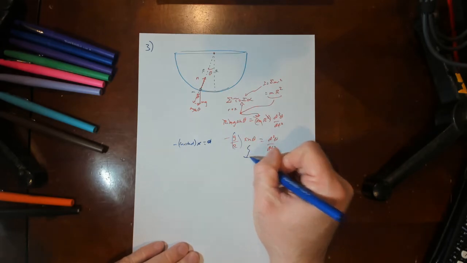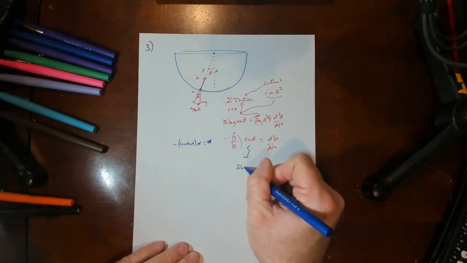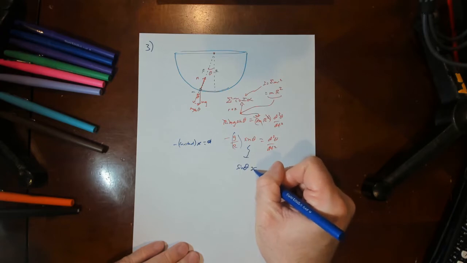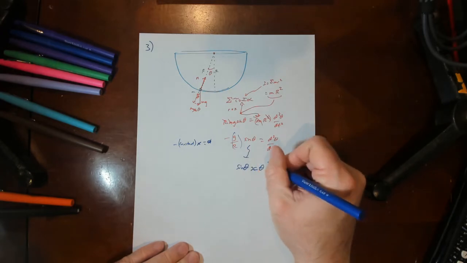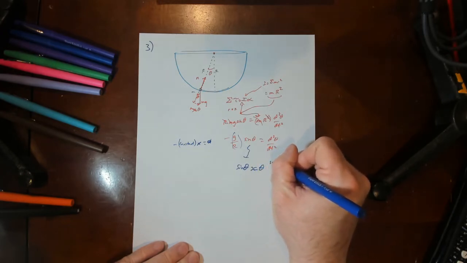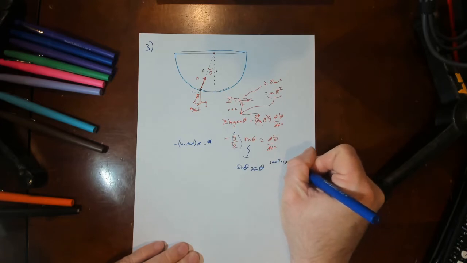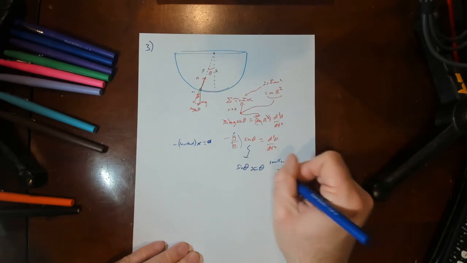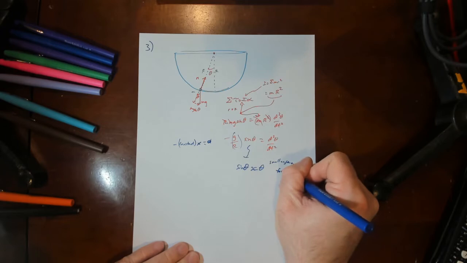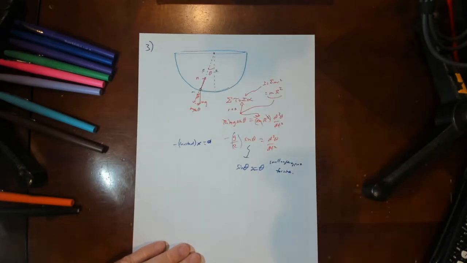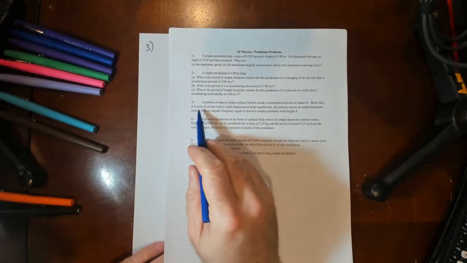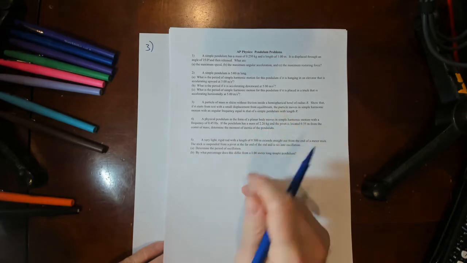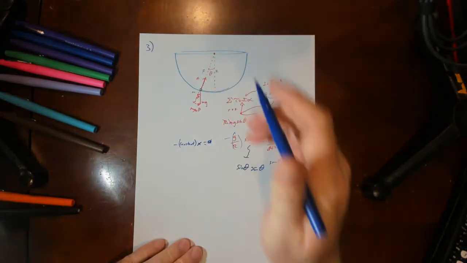And this is where you pull out, wait a minute, sine of theta is about equal to theta for small angles. That's the small angle approximation for sine. They told us in the problem specifically that it starts from rest with a small displacement from equilibrium, so we can say good enough.